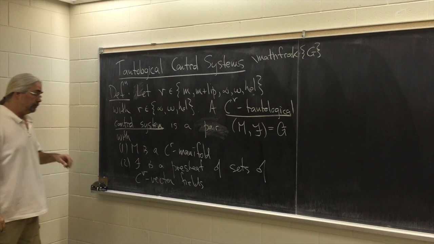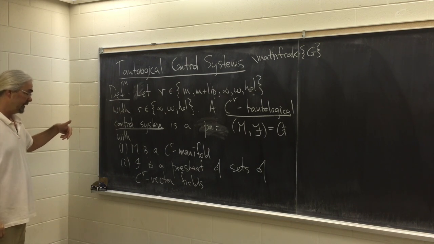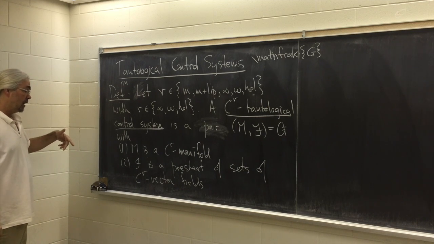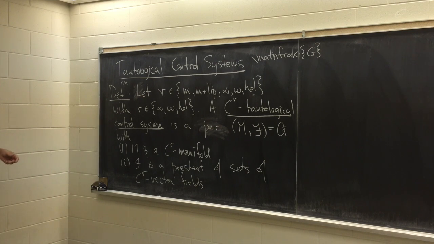Okay, so that means, remember, that to every open set U, you assign a subset of C nu vector fields on the open set U, and you have to have the restriction property that if V is contained in U, then when you restrict a vector field on U for your system F, it becomes an element of the system on the open set V. Okay.